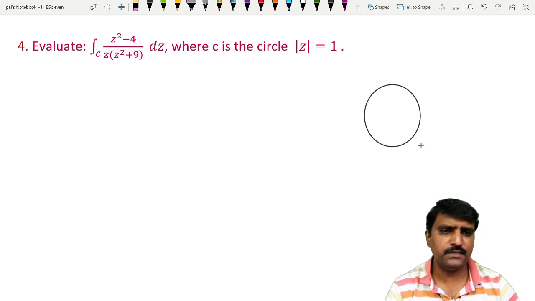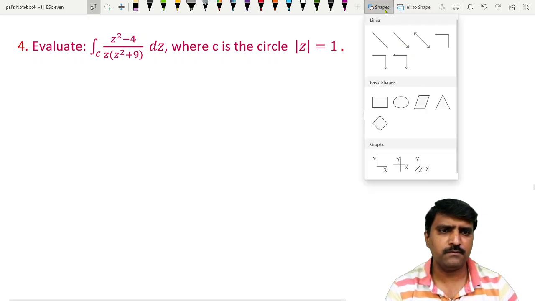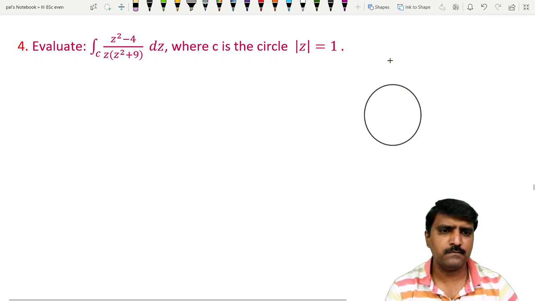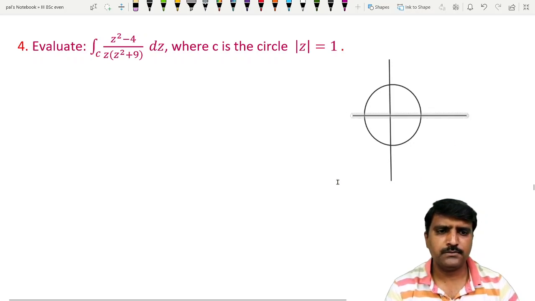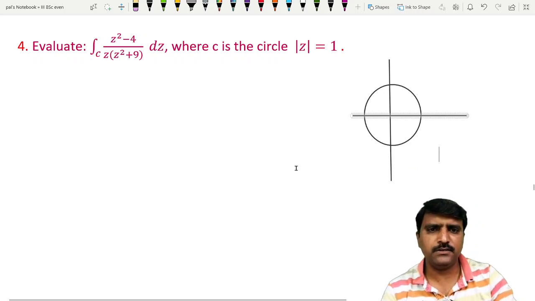So it is a circle with center origin, radius 1.